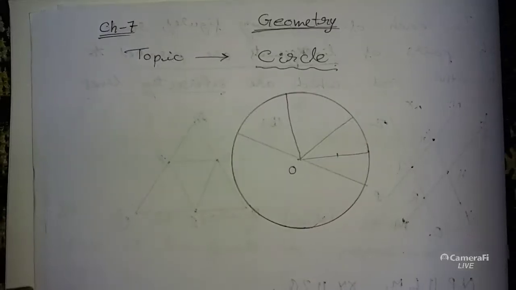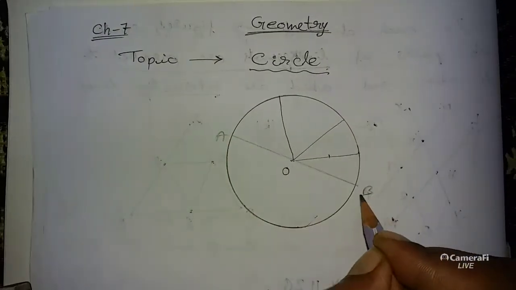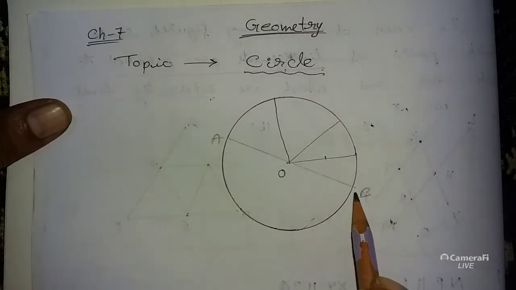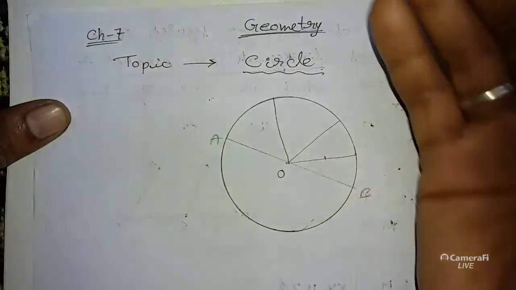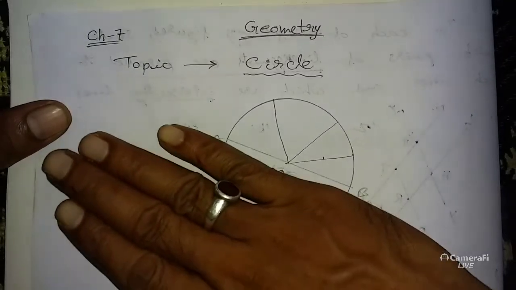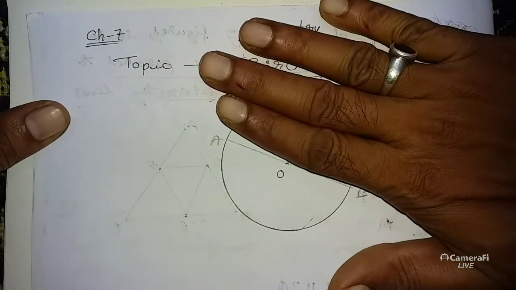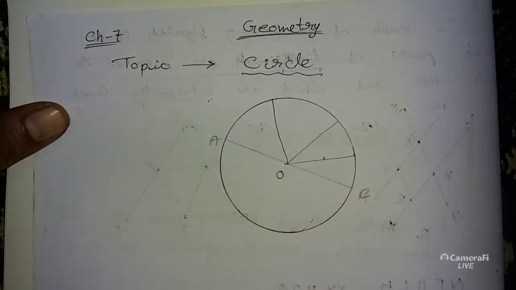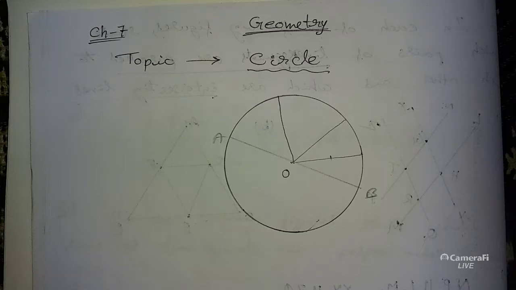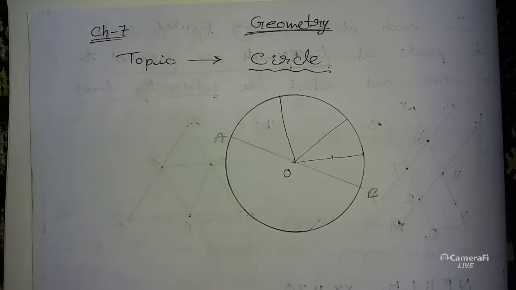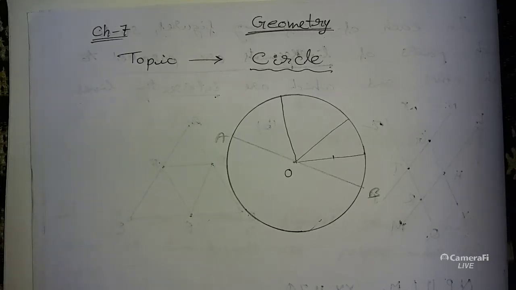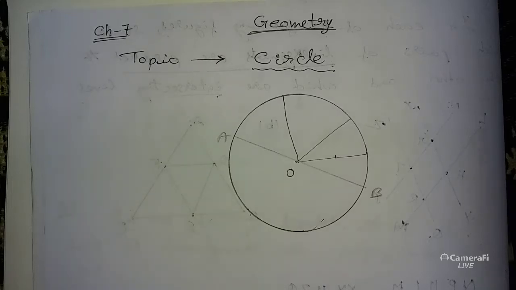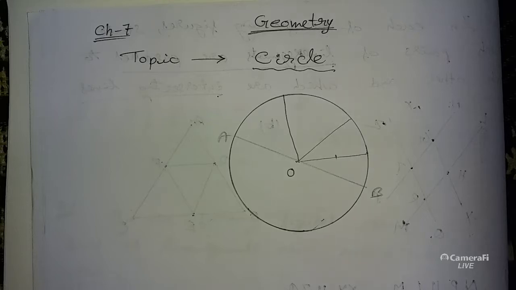Let me name it AOB. AB is the diameter, and see that the diameter AB divides the whole circle into two equal halves. This is one half and this is another half. Each half is called a semicircle. So half of the circle cut by the diameter is a semicircle of the circle. So these were the parts of a circle.